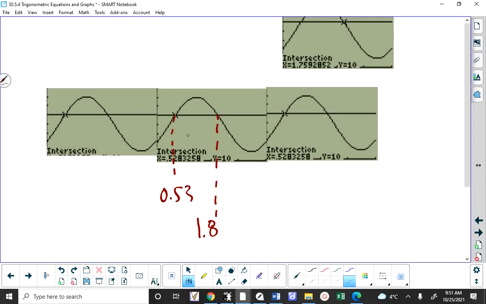In other words, what we're going to do is take the solutions that are in one period and add multiples of the period to get all the solutions.